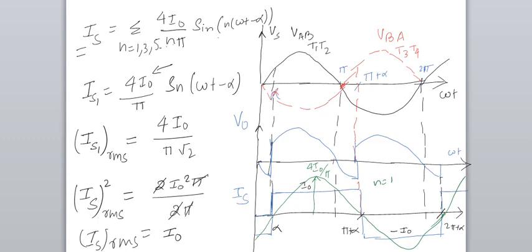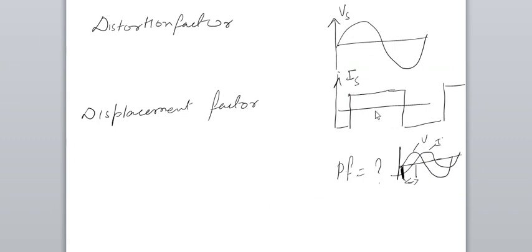That's why power electronics people define two parameters, distortion factor and displacement factor, which I will write as DF and DPF. There is one more term defined by power electronics people, the input power factor.